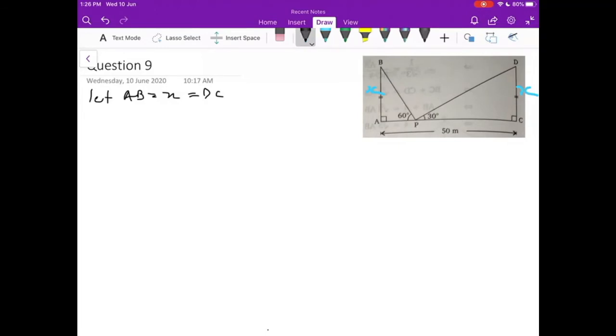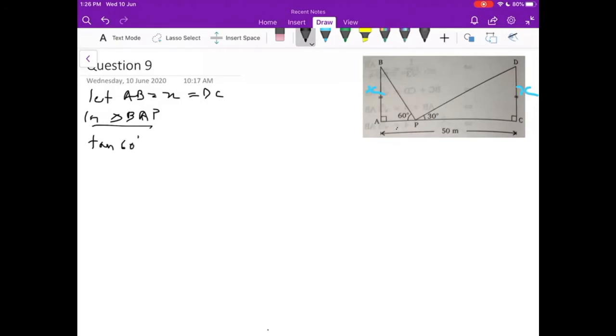So let me mark now there in the diagram, AB is x and DC is also x. So now I'll take the triangles one by one. Now let me go to the first triangle. In triangle BAP, in this triangle let me look for a base, this base. So perpendicular is taken as x and base is what I'll find out, AP, and angle is given as 60 degrees. So perpendicular base means it is what your tan is.